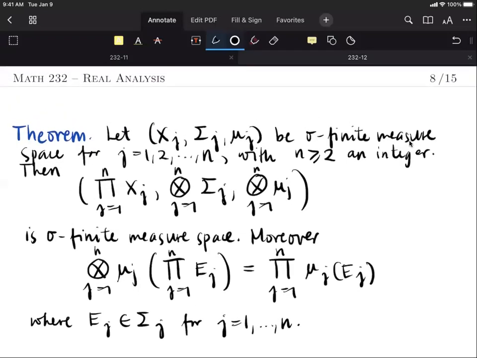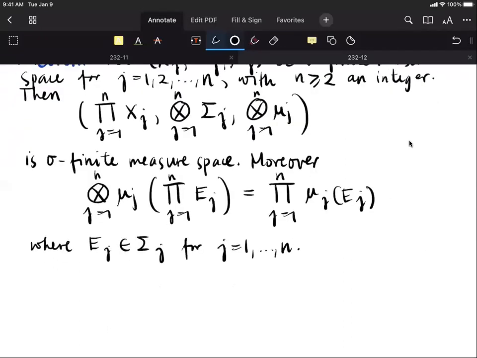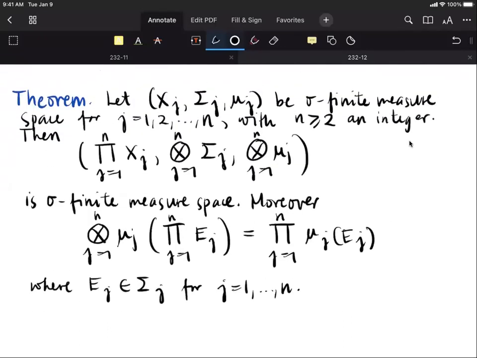And this is the unique measure wherein we have this property. So the proof is via induction, and we do not provide it here.